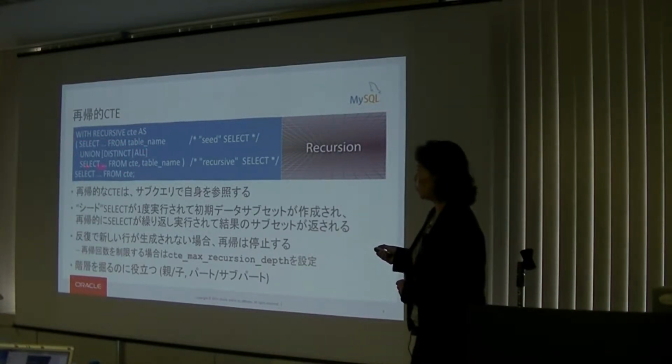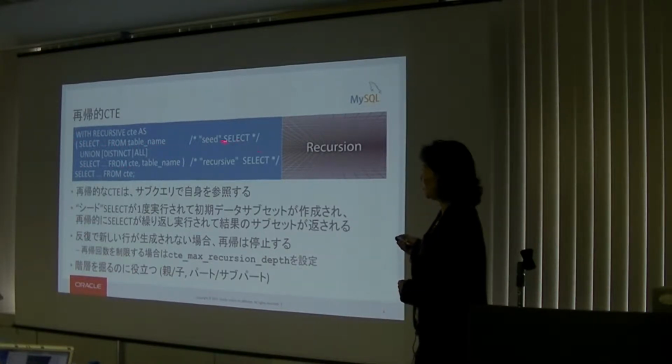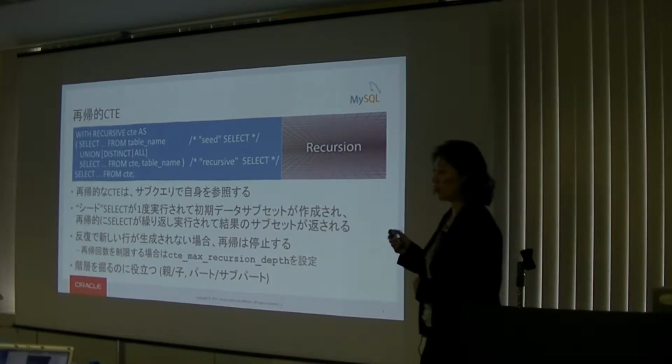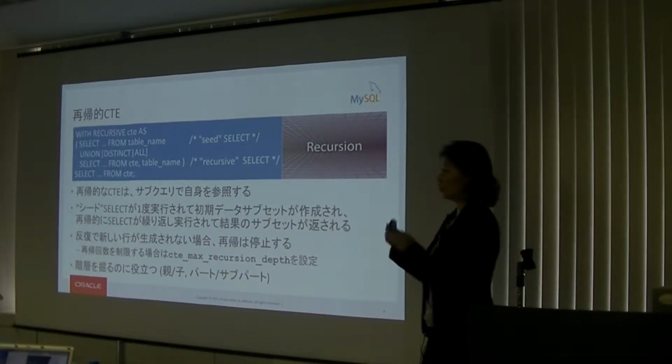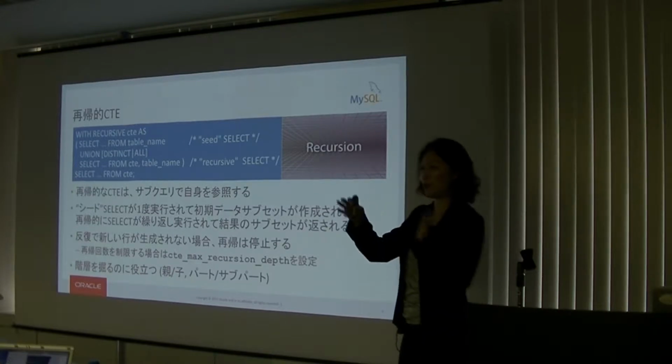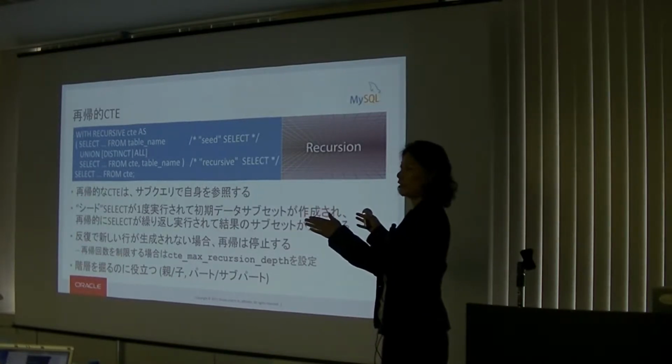The definition has two parts. It has a select from table name. This is a seed select. The seed select is non-recursive in itself. It will produce the initial result set. And once it's done, we put the initial result set into a temporary table.